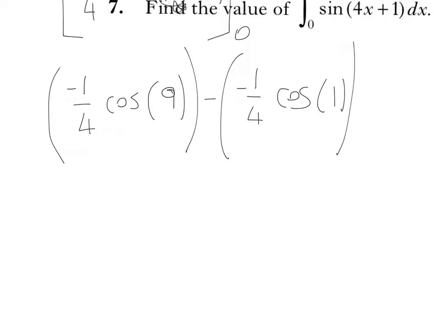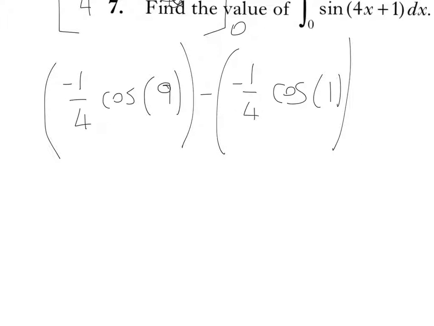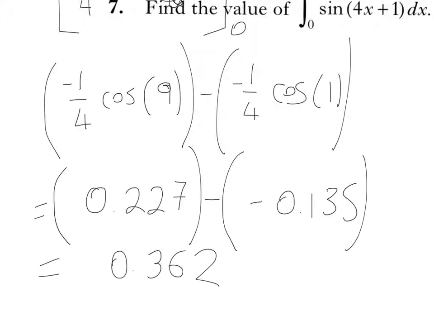I need to make sure for these types of questions that my calculator is on radians mode. So sub that in, in radians mode, will give me 0.227 minus 0.135, and that will give me 0.362. That's the final answer.